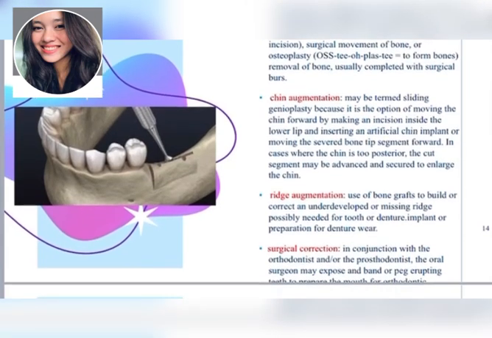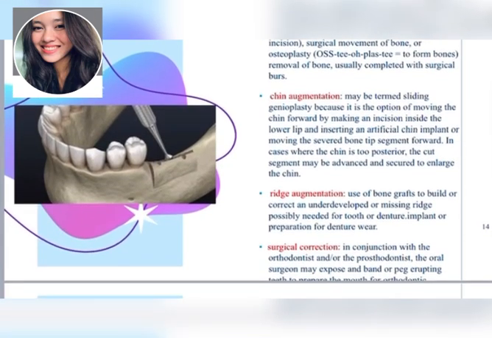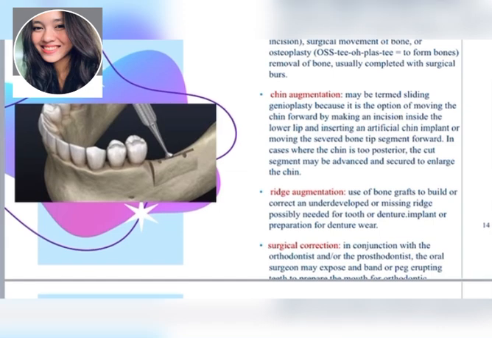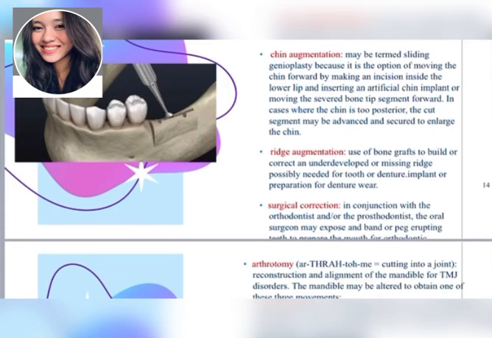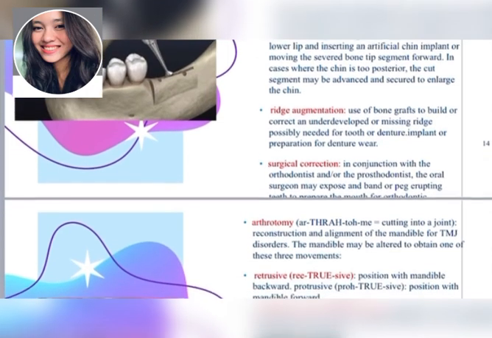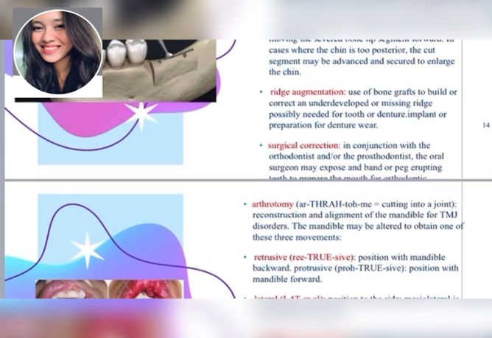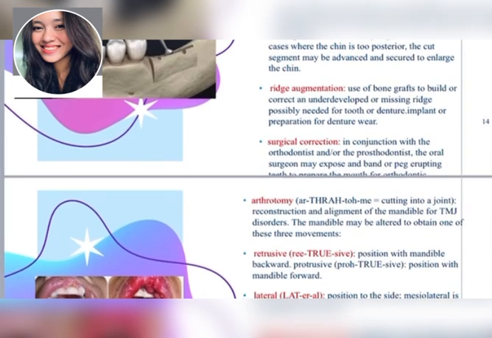Osteotomy, or bone incision, is surgical movement of bone, or osteoplasty to form bones or remove bone, usually completed with surgical burrs. Chin augmentation may be termed sliding genioplasty because it is the option of moving the chin forward by making an incision inside the lower lip and then inserting an artificial chin implant or moving the severed bone segment forward.